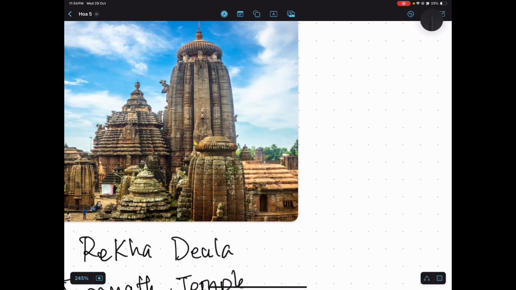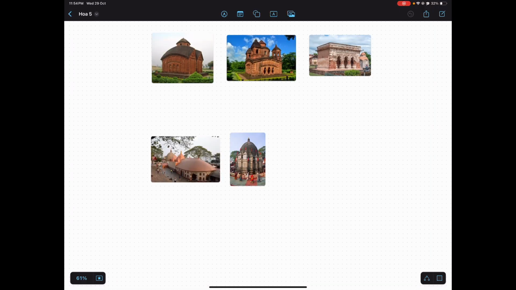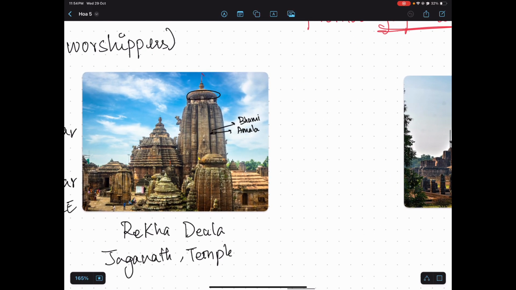Here you can see these discs. These are Amala, and these inscriptions are Bhumi. This circular stone or disc is Amalaka, and this is our Kalasha.